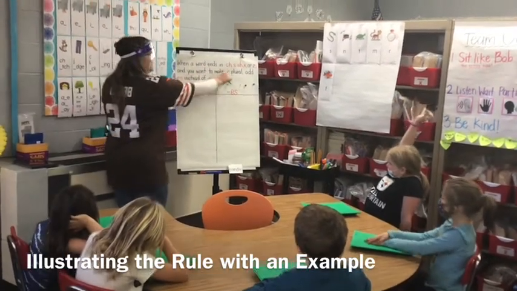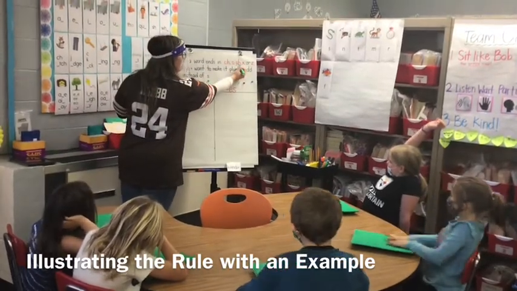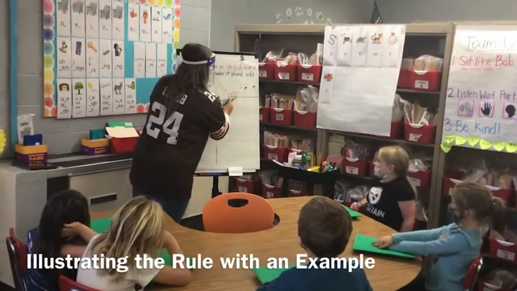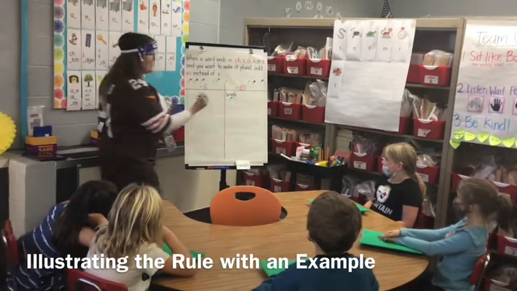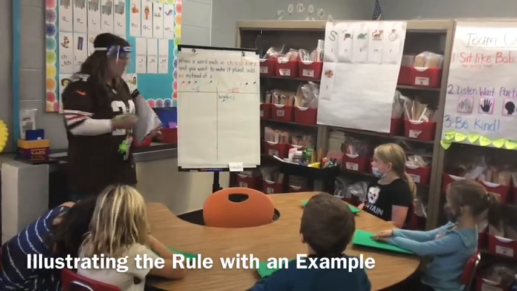S-H. Does it fit my rule? Yeah, it does, because I have S-H right there. So my word brush, if I want to say brushes, ends in ES because it ends in SH.